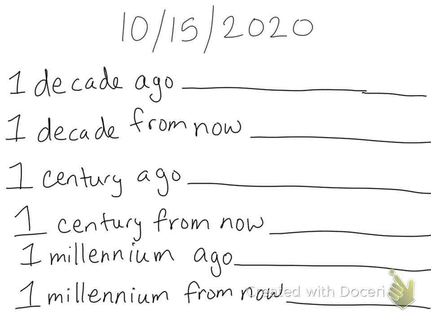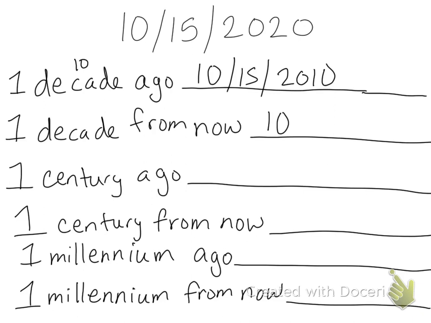All right, so let's say the date is October 15th, 2020. So what date was it a decade ago? Well, a decade ago is 10 years ago. So that's going to be October 15th, 2010. Now notice the dates, the month and the day stay the same. It's only the year that's changing. Okay, what will it be 1 decade from now?